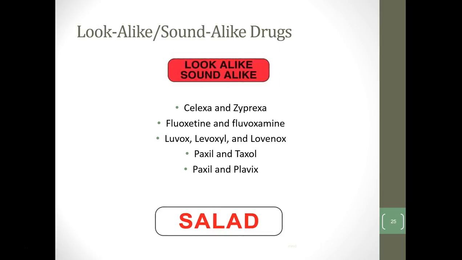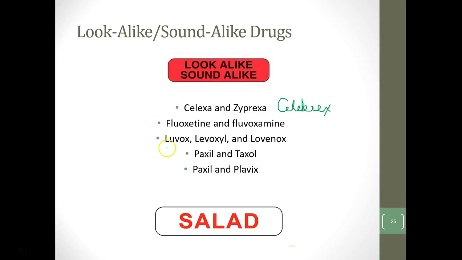All right, more sound-alike look-alike. So Celexa can sound like Zyprexa. It can also sound like Celebrex. So that could be a problem. Fluoxetine, which is Prozac, versus fluvoxamine, which is Luvox.